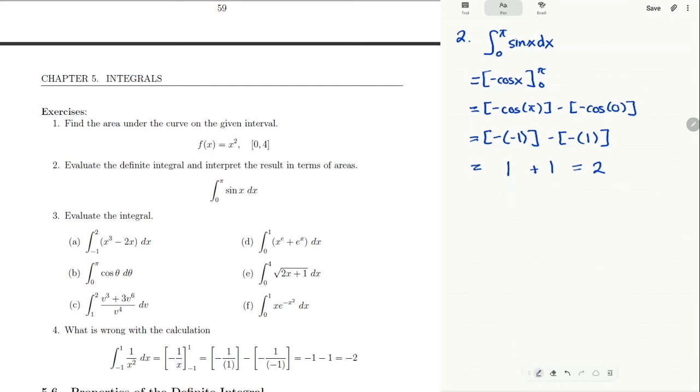And so what this tells us is that the area under the function sine of x on the interval from 0 to pi is equal to 2.